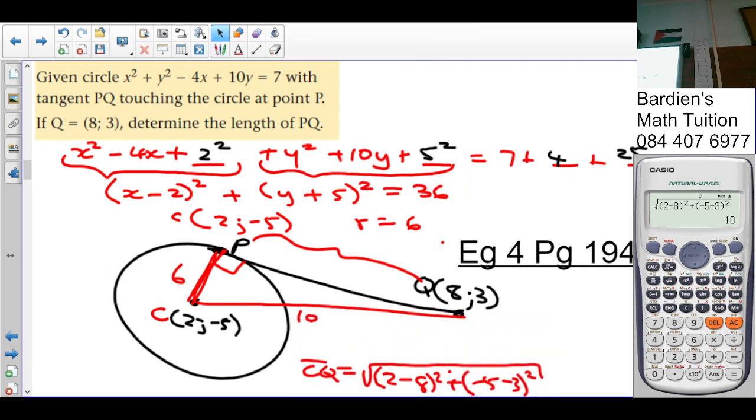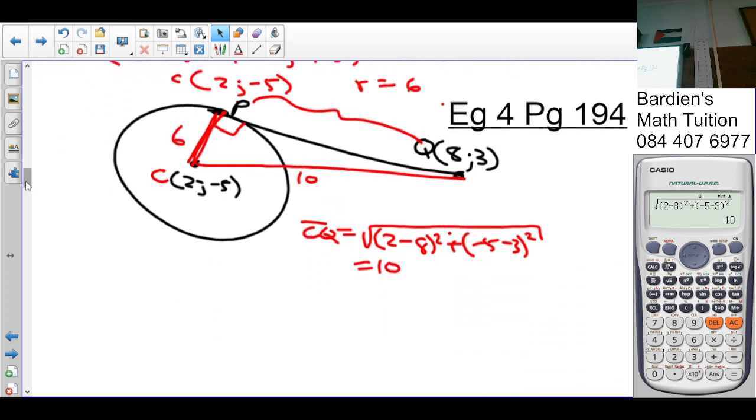So how do you think we're going to work out the length of PQ? Pythagoras. So work out Pythagoras quickly.